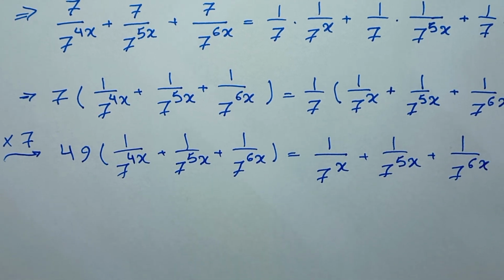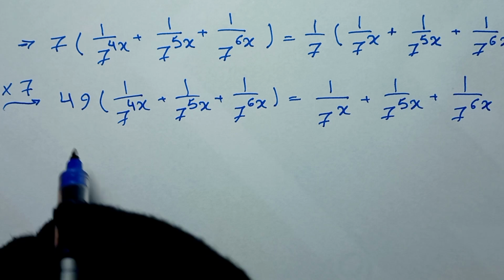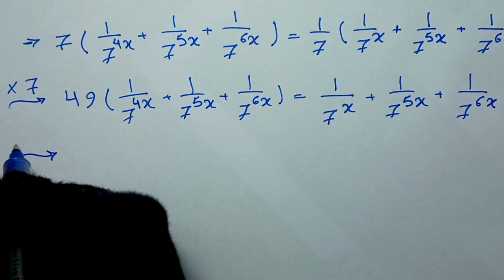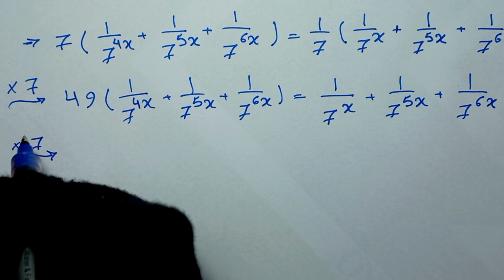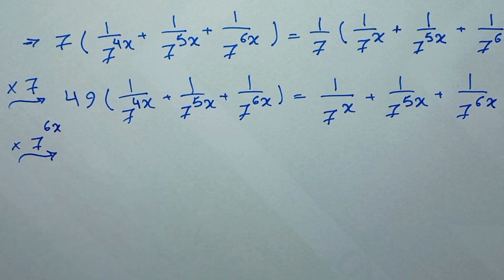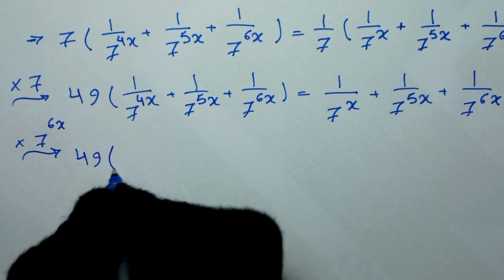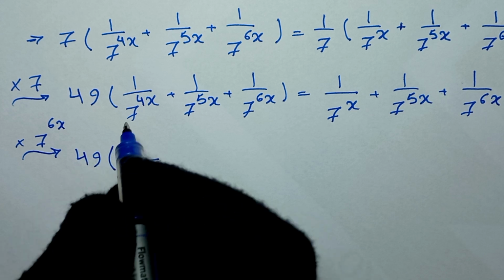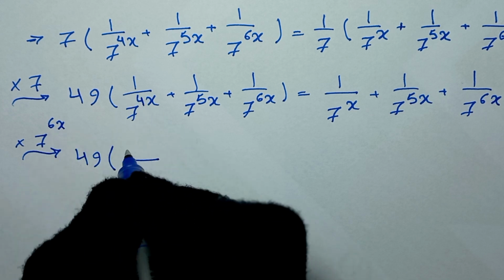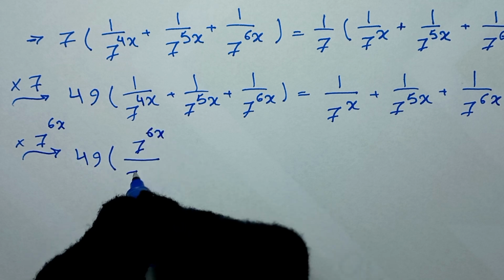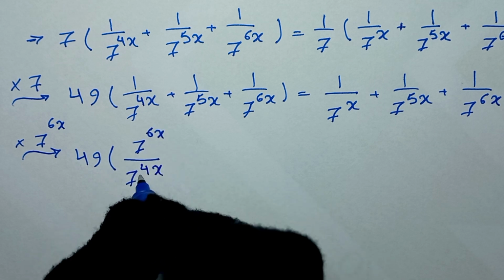And in next step, we multiply both sides of this equation by 7 to the power of 6x. So it will be 49 times this times 7 to the power of 6x, it will be 7 to the power of 6x over 7 to the power of 4x, right?